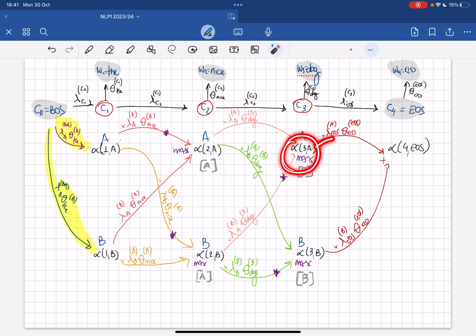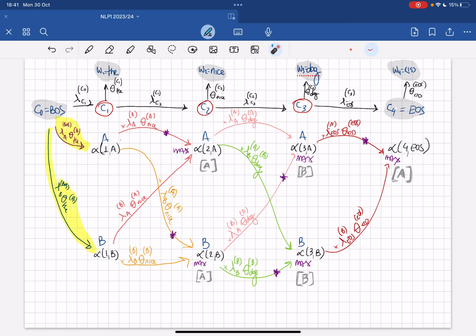If we did this, it's alpha 3a times the contribution of this transition emission pair. If we did this, it's alpha 3b times the contribution of this other transition emission pair. Once again, we maximize our choice and store the value in alpha for EOS. Let's say that this edge at the top is the best one of the two, and I have a trace saying that to get here I better use the path that ended in C3a.